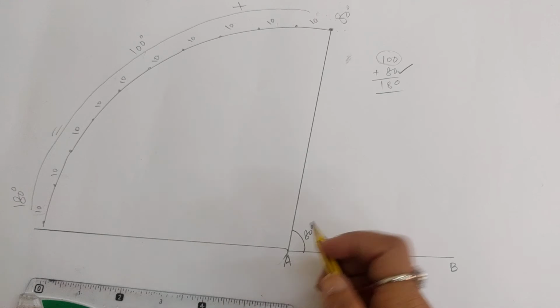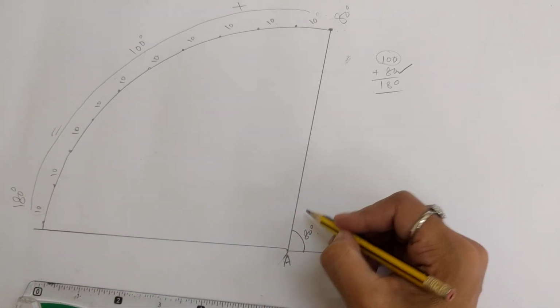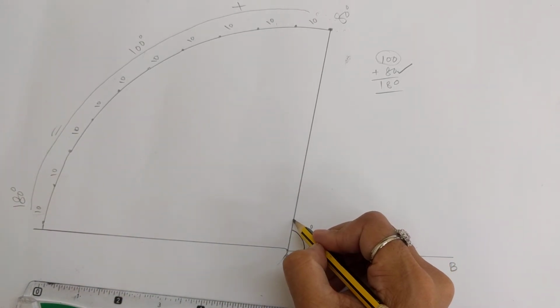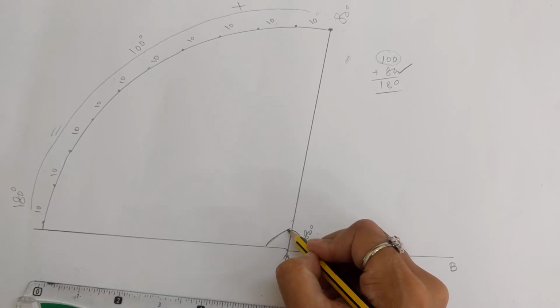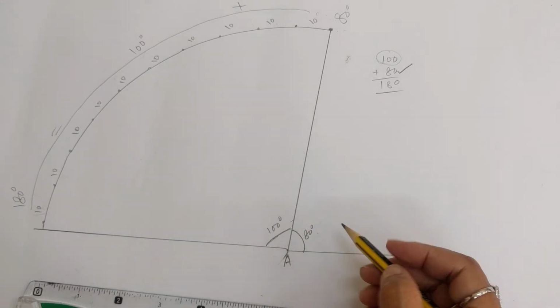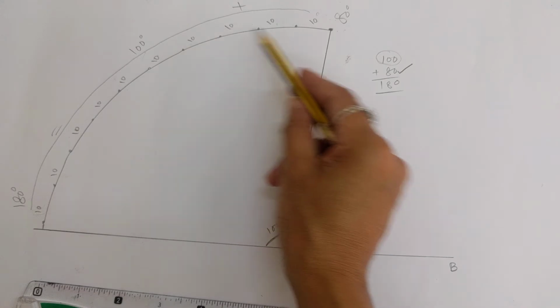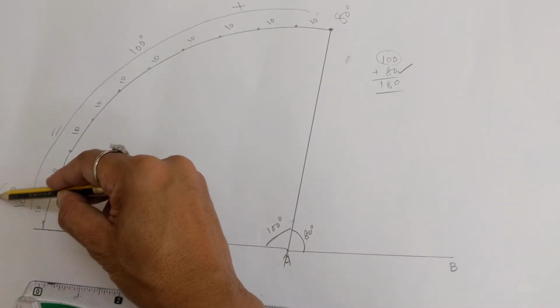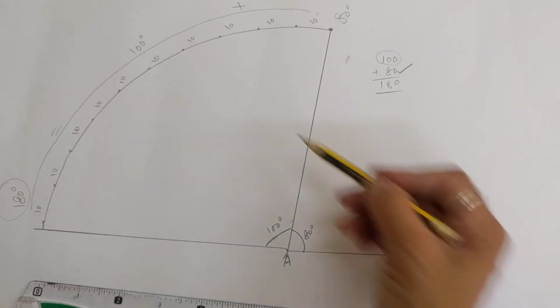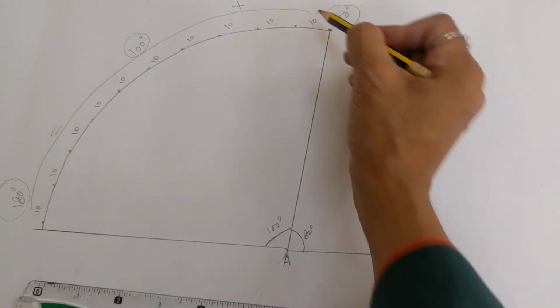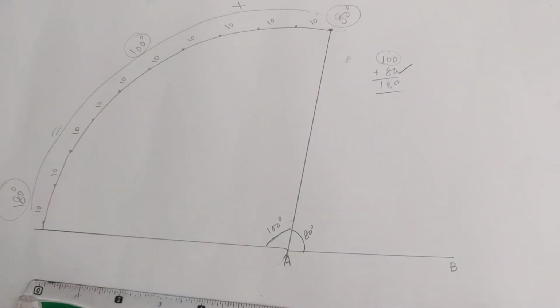Clear? So this one is our 80 degree angle, this one is our 100 degree angle, and the sum of both angles is equal to 180 degrees. Got it? I hope this one is now clear to you.